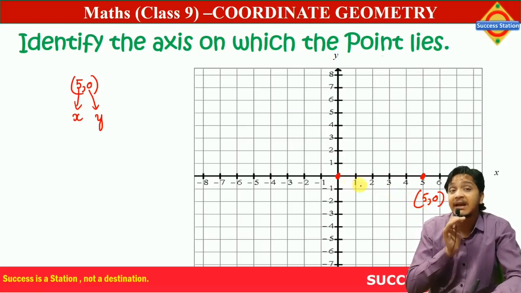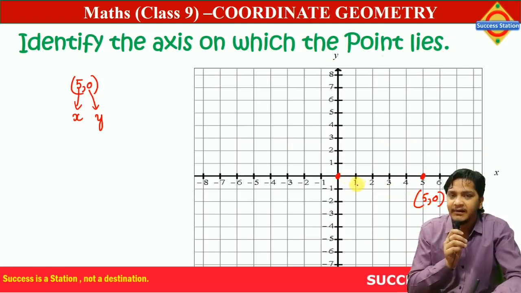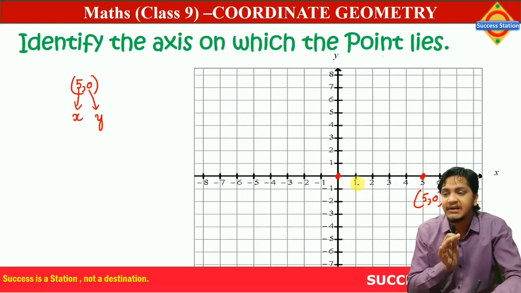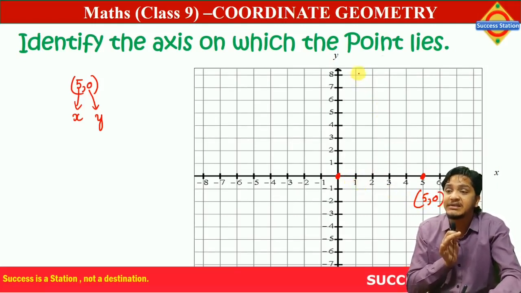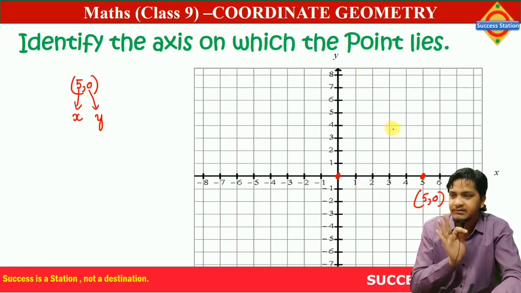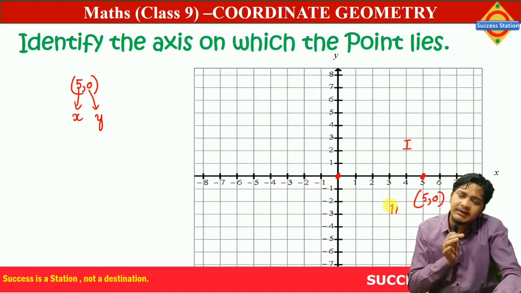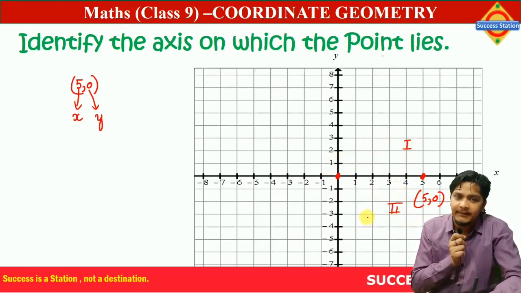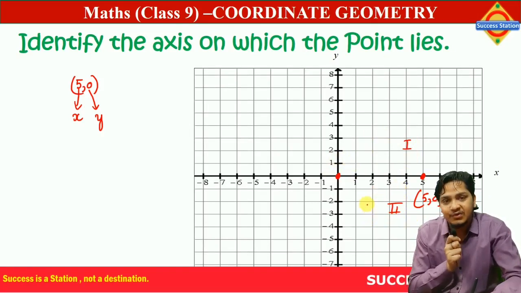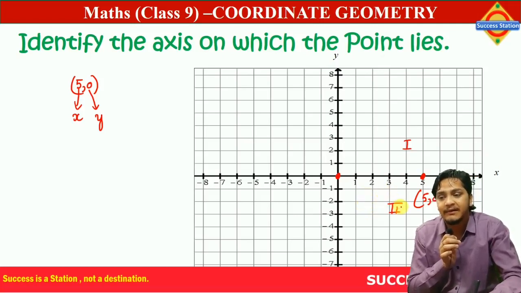Which axis? X-axis. Right? Because this point lies on the x-axis, you can't say it lies in a quadrant. If you say it lies in the first quadrant, then why can't it lie in the second quadrant?